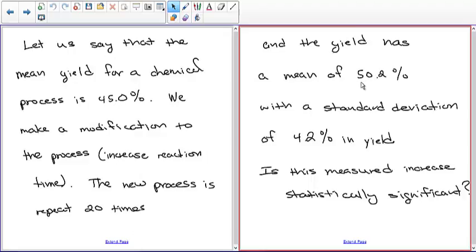Who knows? So is this measured increase statistically significant? And all you need is the old standard, the new mean, and the new standard deviation, and the number of samples. And you also need to think about confidence. How confident am I that the difference is real or not?